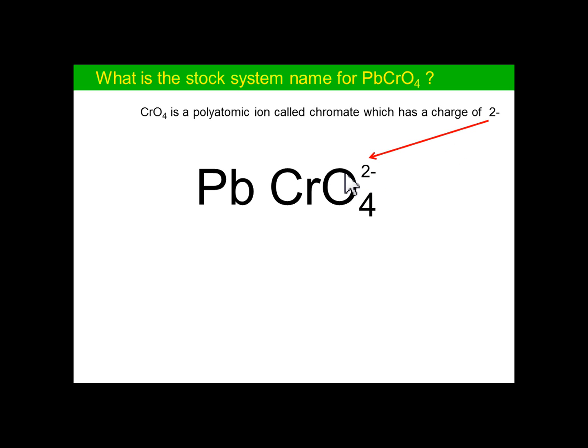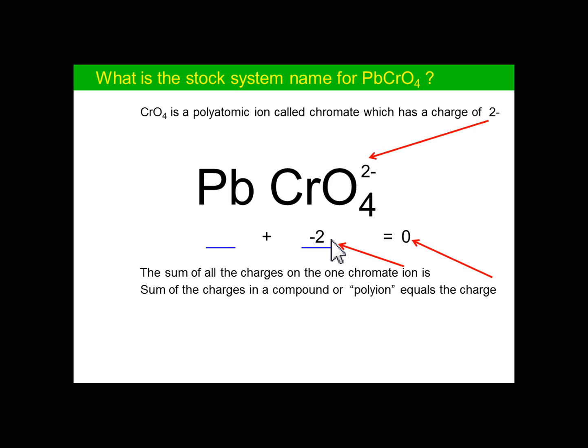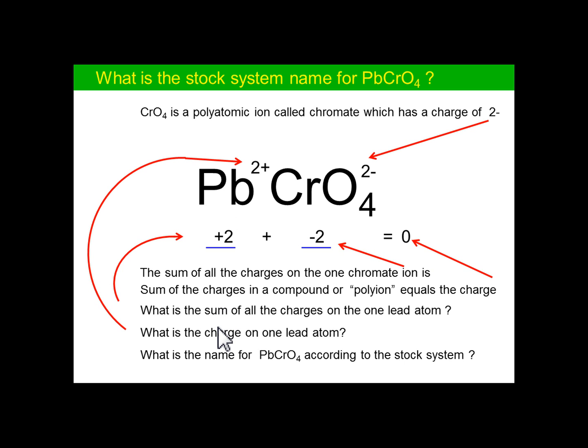That's not to say the charge is on the oxygen, it's on this whole thing, the CrO4. And there aren't 4 of these, there's just one of these. The 4 refers to the oxygen only. So if the charge on the chromate is -2, and it has to add up to 0, then this has to be lead 2. So the name of this compound is lead 2 chromate.